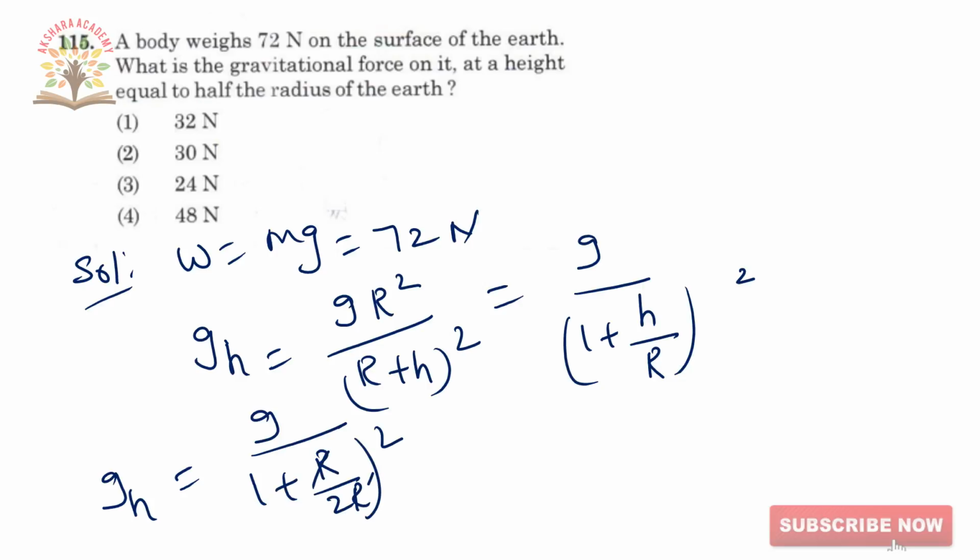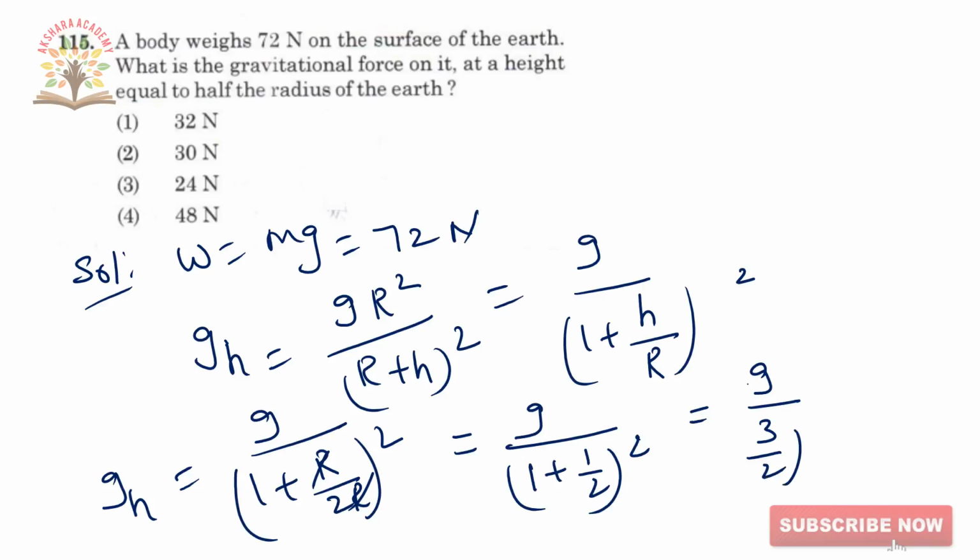R gets cancelled. Now substituting values, g by (1 plus 1 by 2) whole square. The final answer is g by (3 by 2) whole square, that is equal to 4g by 9.